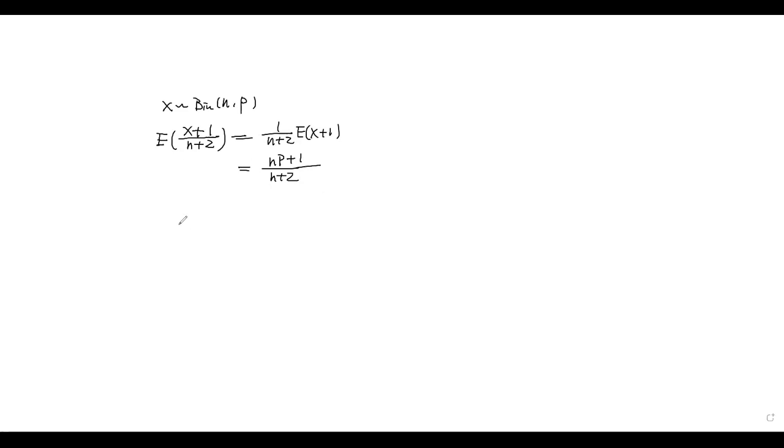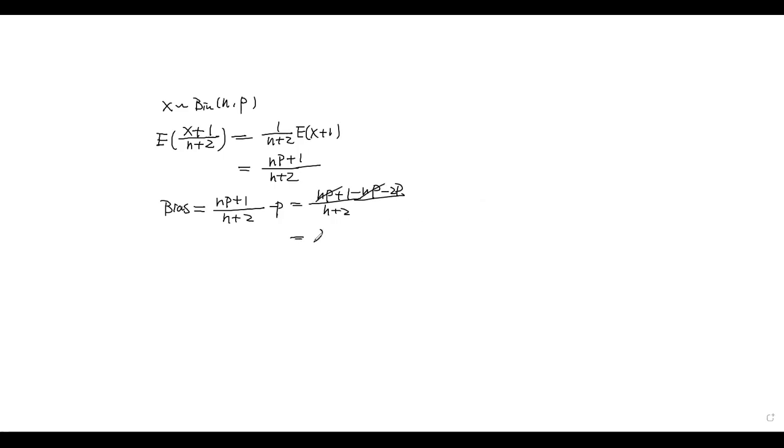So for this estimator, let's take a look at what the bias is. The bias will be (np+1)/(n+2) minus p, right? So here it will be (np+1-np-2p)/(n+2). The np terms cancel.